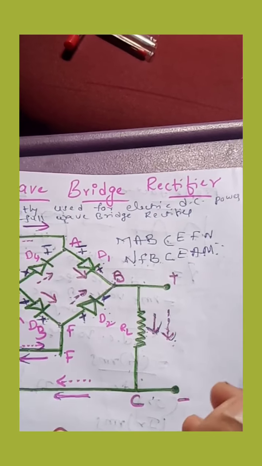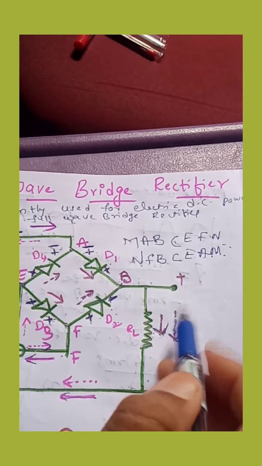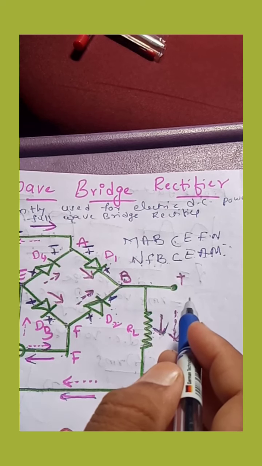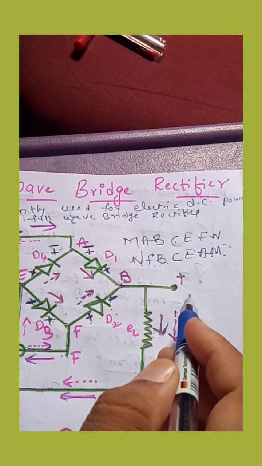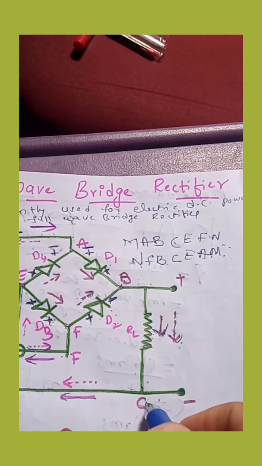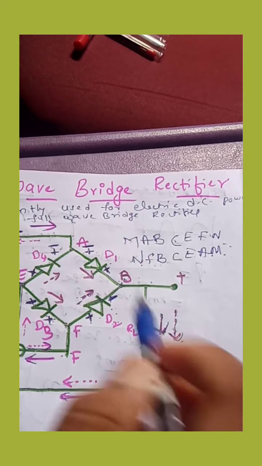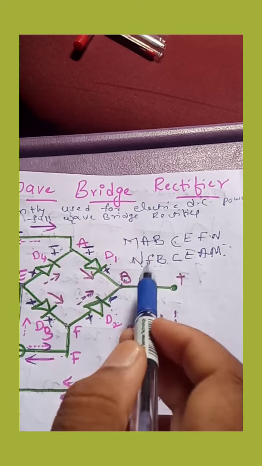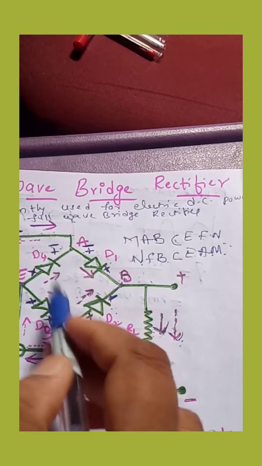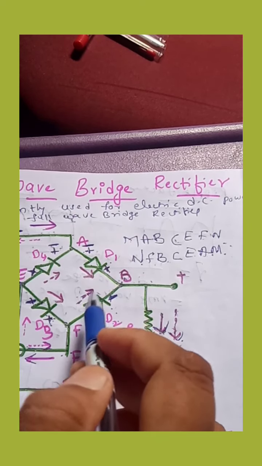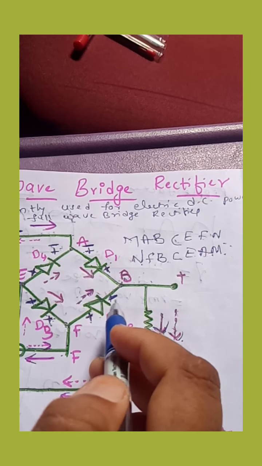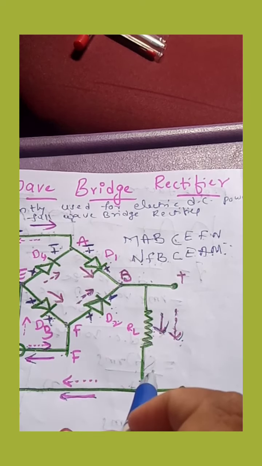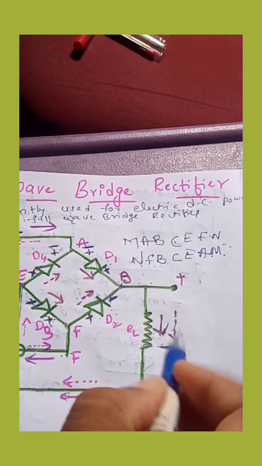Now from B to C, let us see. The direction of current due to diodes D2 and D4 is also from B to C. The direction of current due to diodes D1 and D3, which are forward biased in the positive half cycle, is from B to C. Similarly, D2 and D4, when forward biased in the negative half cycle of AC, also give current from B to C. Both current directions are from B to C. So the output waveform will be in the same direction.